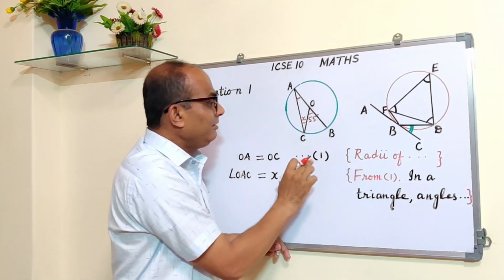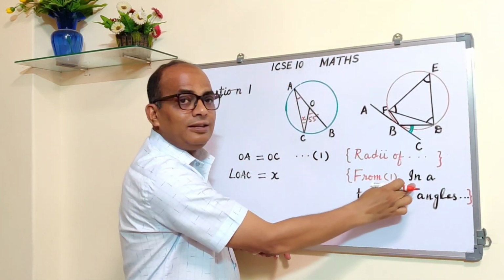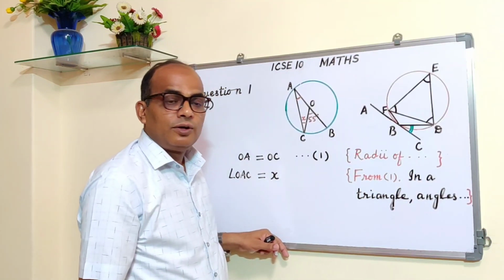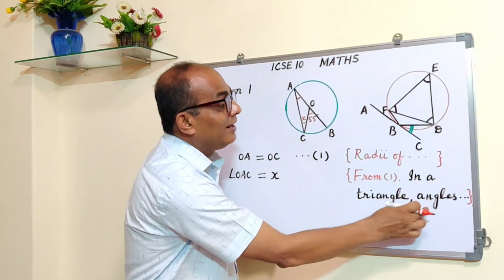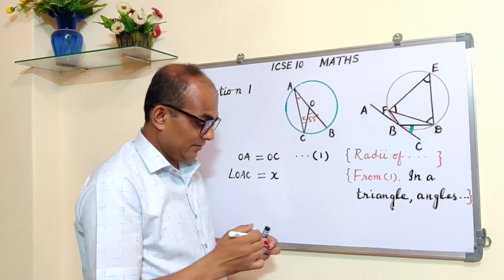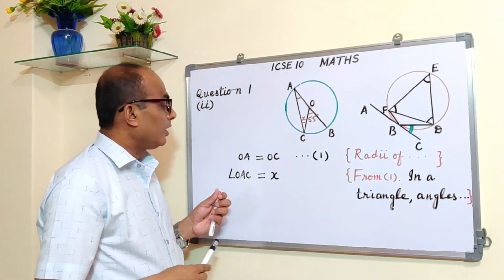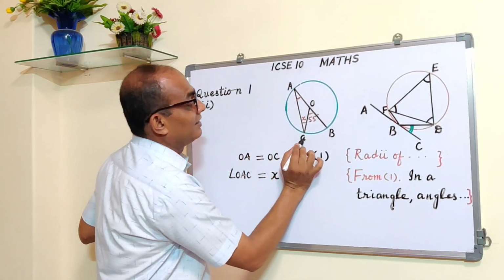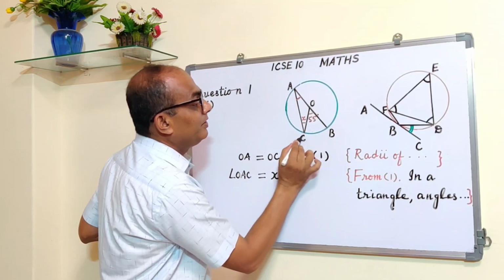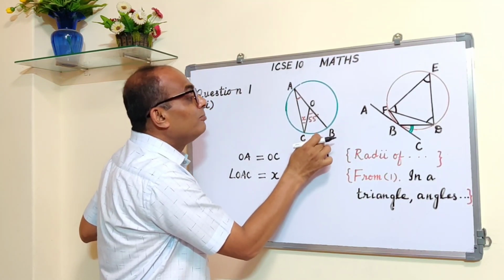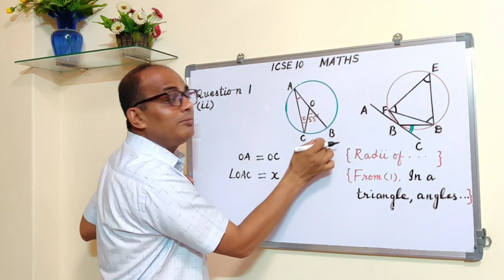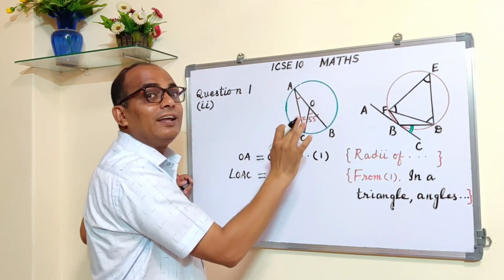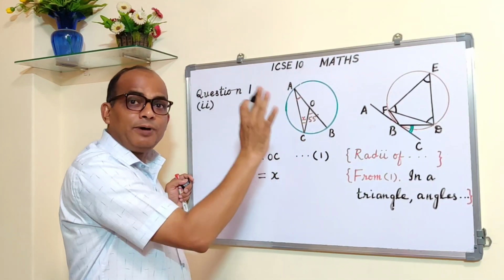Write down in full. From 1, the sides are equal, and then the property in a triangle, angles opposite to equal sides are equal. Fine. So we got this. Okay. Now see this arc BC. This arc is making the central angle, and the same arc is making this angle on the remaining part of the circle.